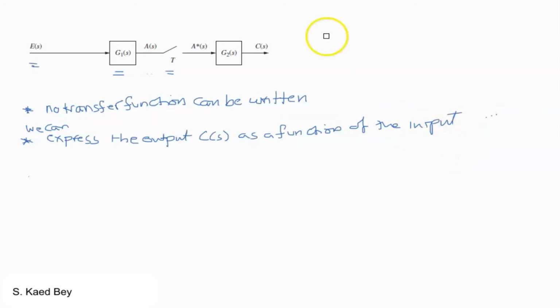Now remember that the input here, in this case, is not E of S alone, it is the product of E of S and G1 of S.